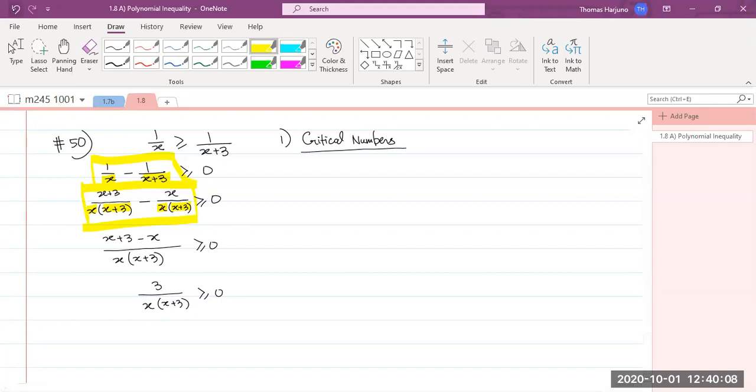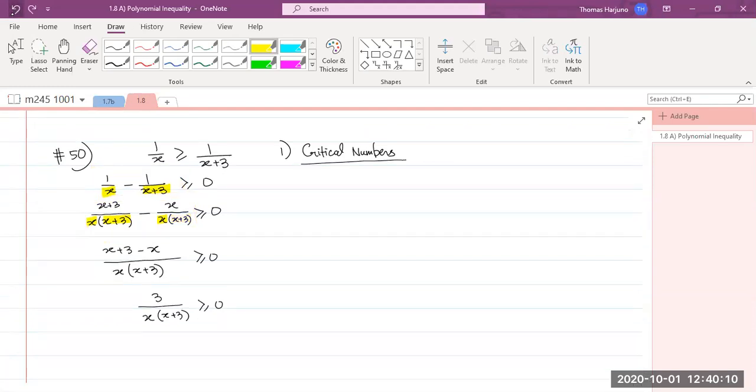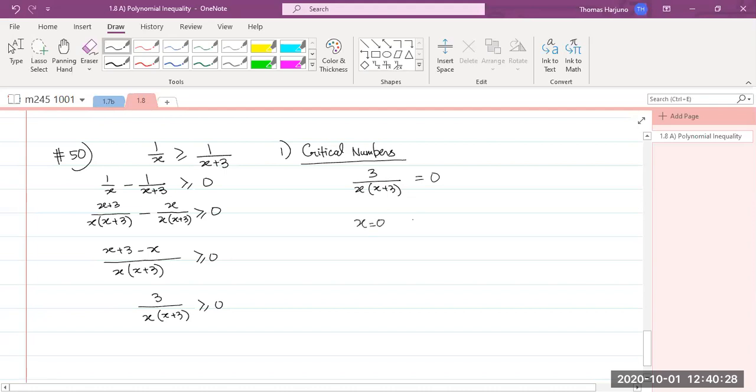Okay. Now then, for 3 over x times x plus 3 greater than or equal to 0, there is no critical number from the top, but we have critical numbers from the bottom. So the sign graph.